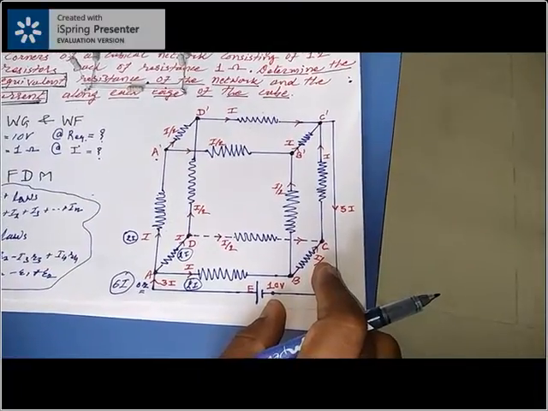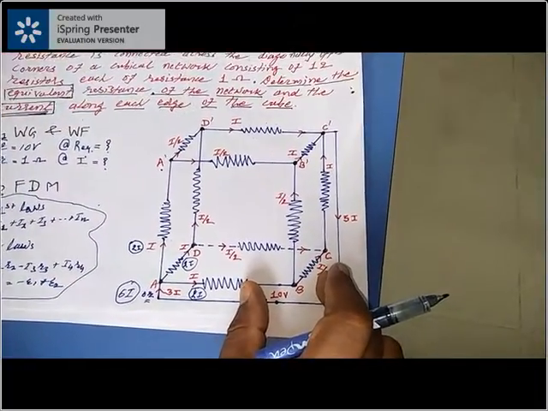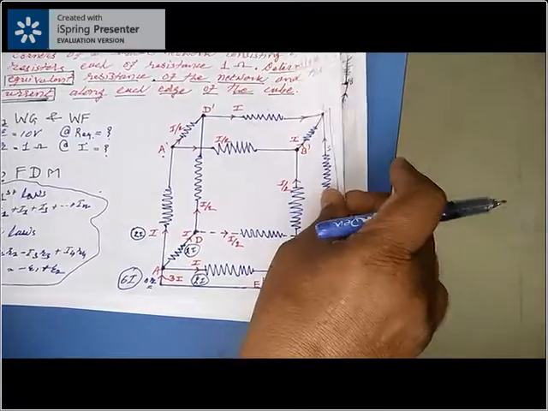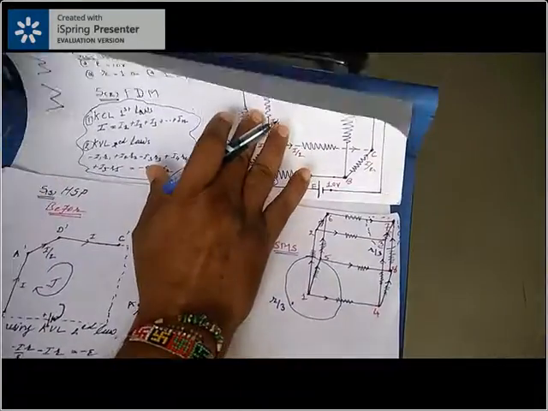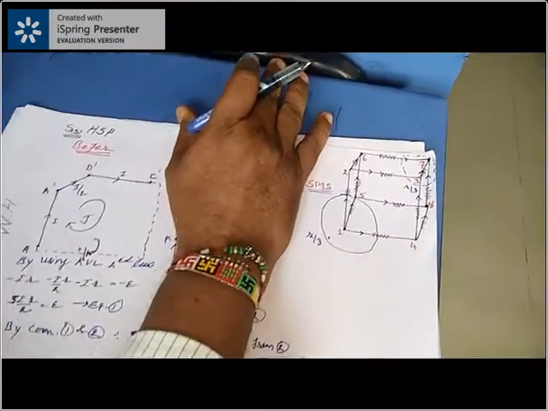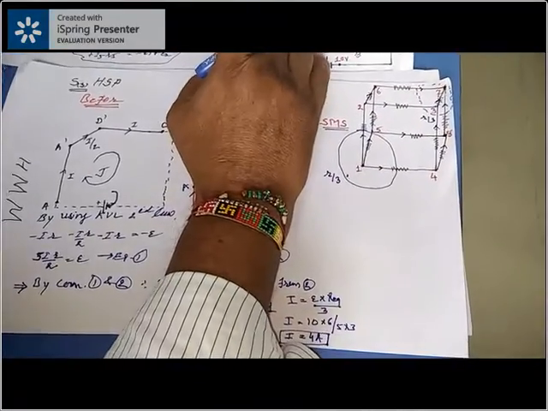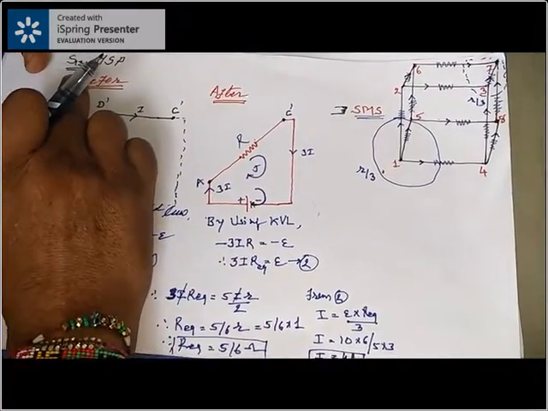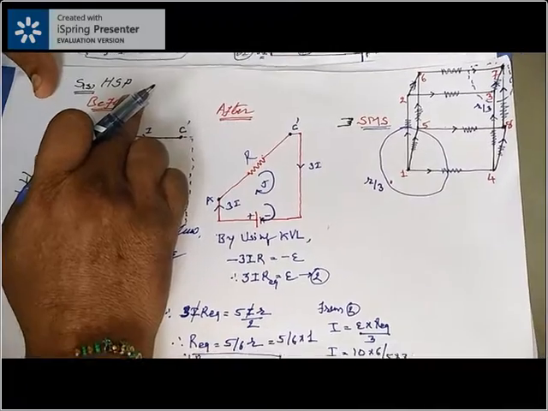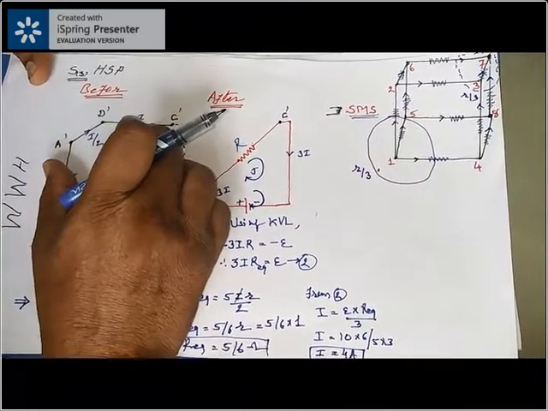Now how to calculate these numericals? Let us see. In slide number 2 we can observe how to calculate this. My third step is how to solve the problem. Step number 1, before.